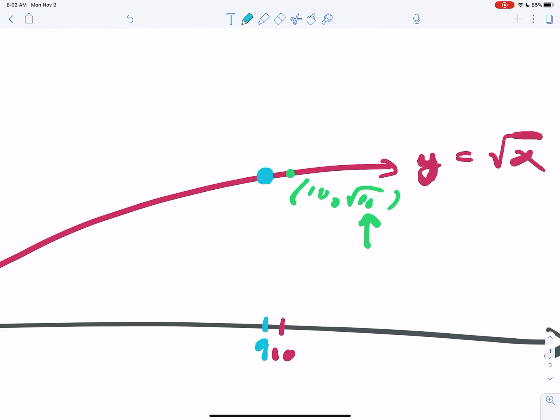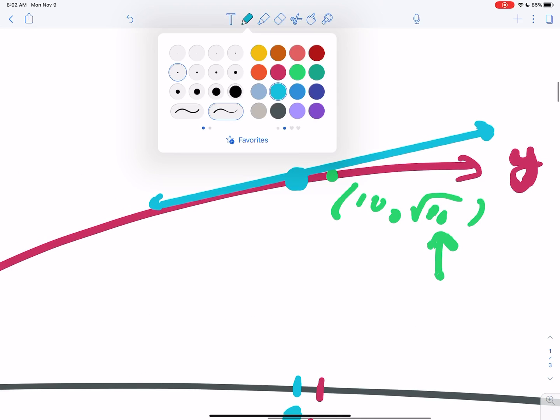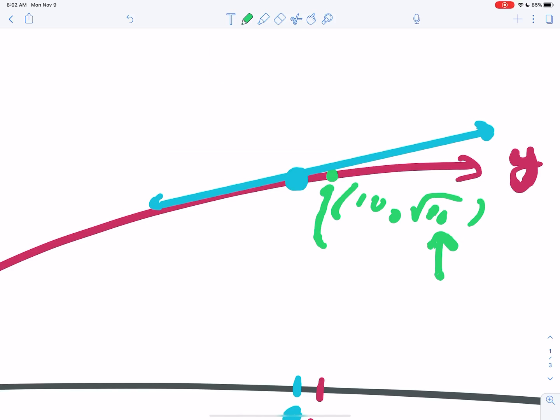What we're going to do is draw a tangent line right there. That green dot, I'll label this, is the actual value of the square root of 10. We don't exactly know what it is just yet, okay?